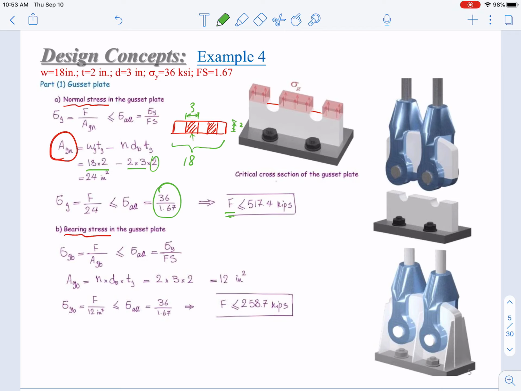Right, 2 times 3. Then you have 2 holes and times 2. You get 12. So then from here, again, you just need to compare it with the yield stress over factor of safety, and you get another value. Right, this is half of the previous one.